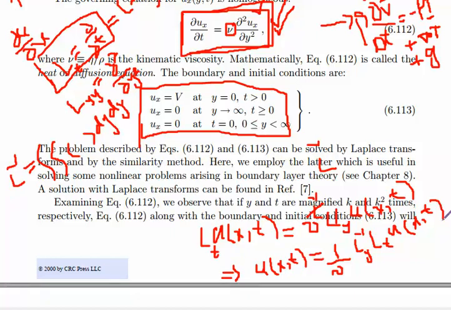So this is exactly the invertible form of the above partial differential equation.